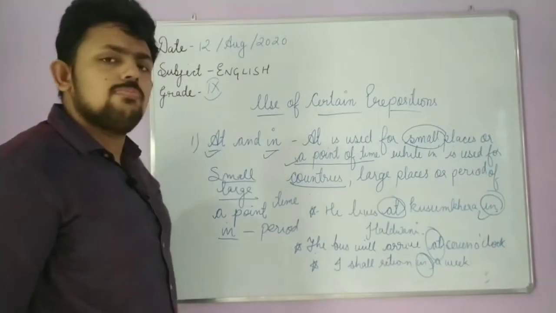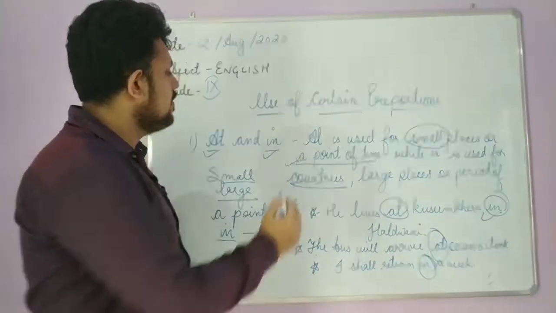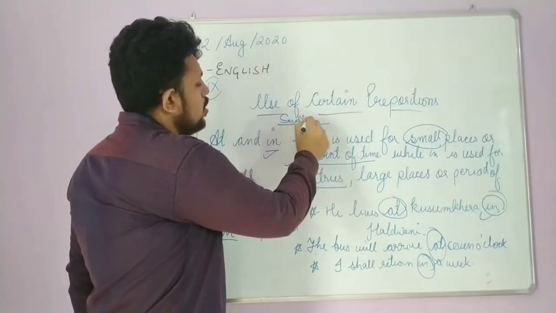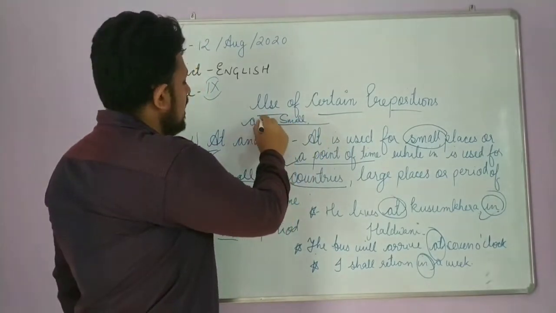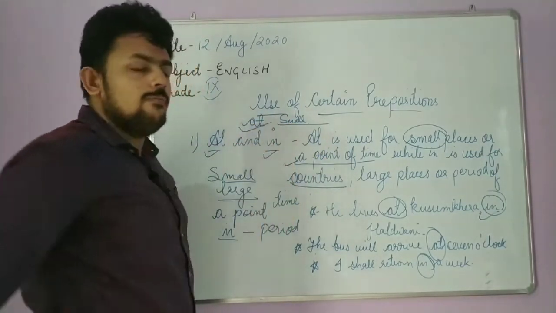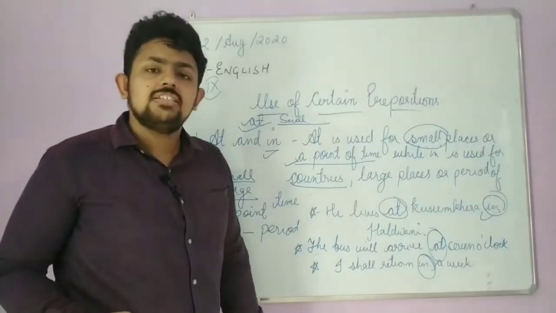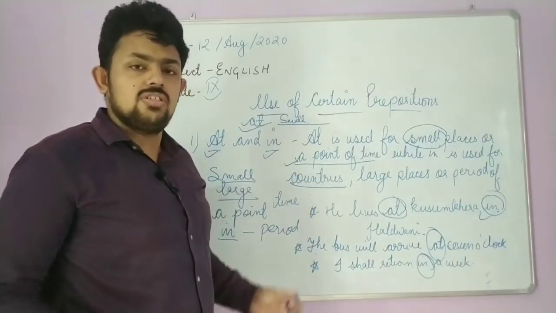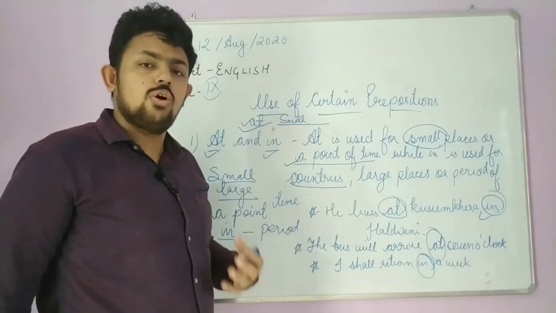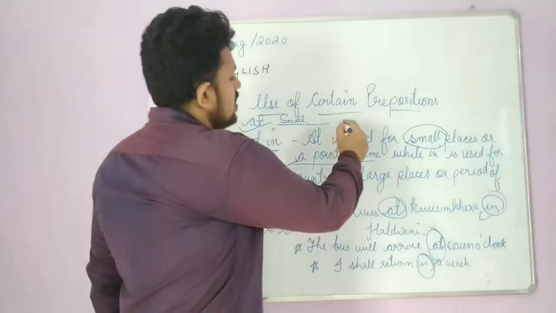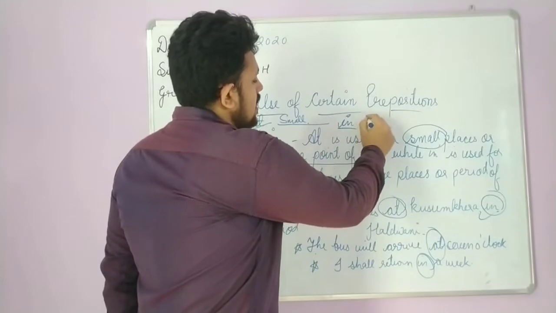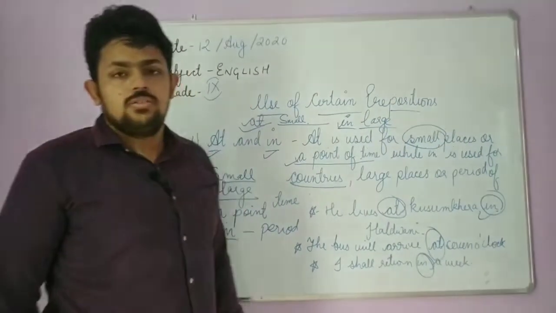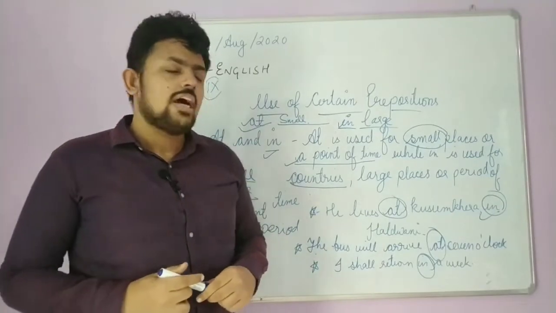So you can understand by this that wherever some small things are there, small place, small time, you will always put at. While indicating large places or a period of time which is larger than a point of time and not specific, you will use in, for large countries, large places, or a larger period of time.